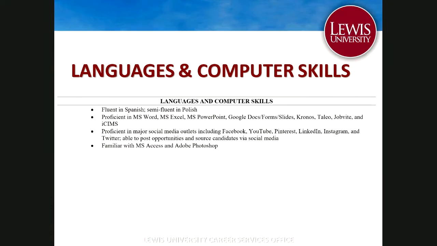And then also you can include your social media that may or may not apply to some of you depending on what profession you're going into. We usually use 2 terms when we describe our computer skills. Proficient means you know it really well, and familiar with means you have played around in it, but you're not necessarily ready to hit the ground running.